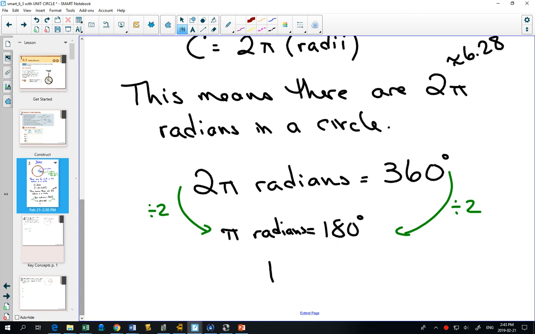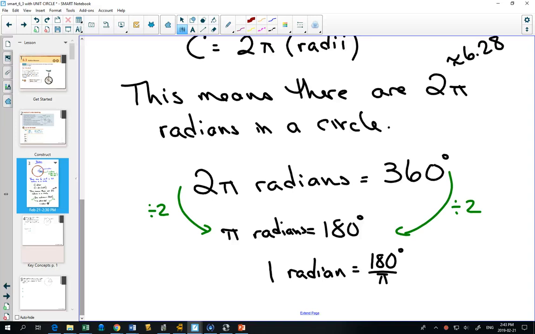I want you now to tell me what exactly 1 radian is. And I can't write all the decimal places. Well, I can write an exact answer and then an approximation. Yes. 180 over pi. So 1 radian is 180 degrees divided by pi. And since pi is a little bit more than 3, and 180 divided by 3 is 60, you can see that this answer is going to be a little bit less than 60.